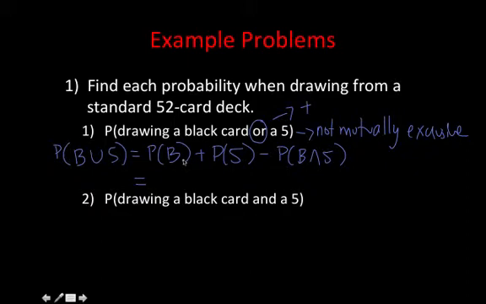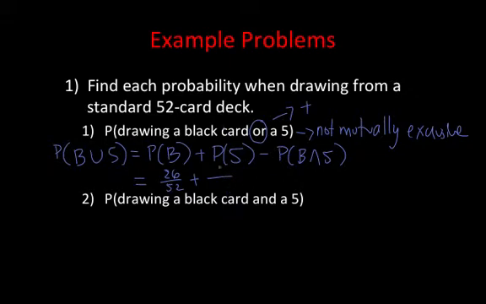If we're just drawing one card from the deck, then our denominator is going to be 52. There's 52 possibilities in a 52 card deck. So that goes in the denominator, and then we want to know how many black cards are in a deck. Half of the cards are black, so that would be 26. So 26 cards out of 52 cards are black.